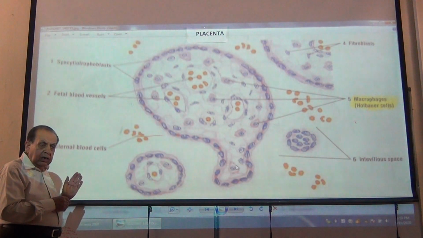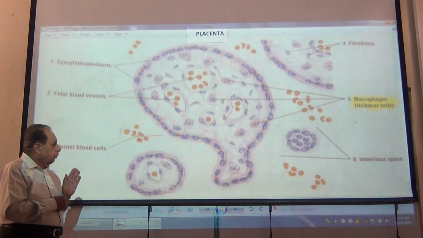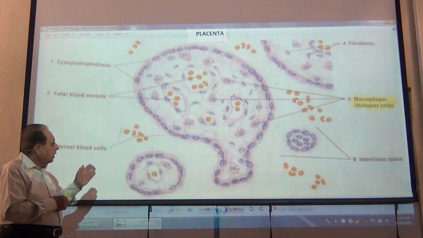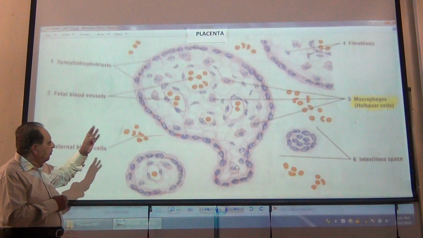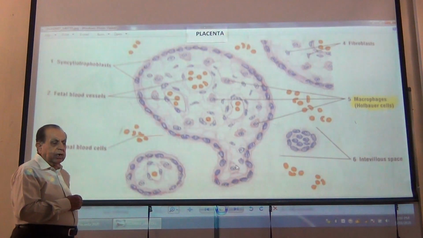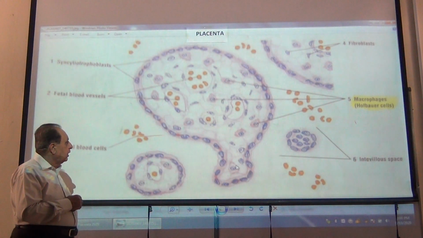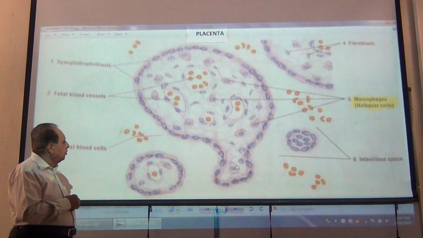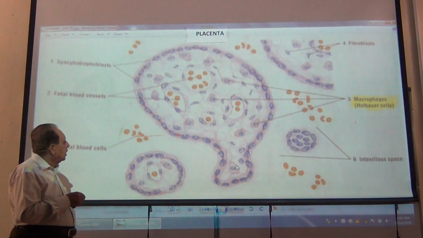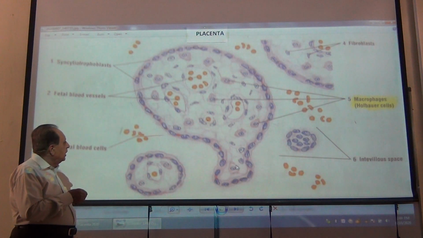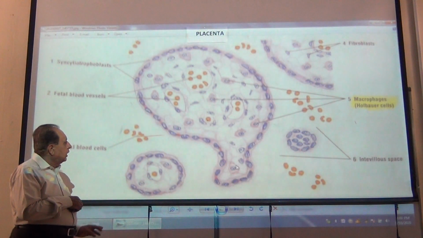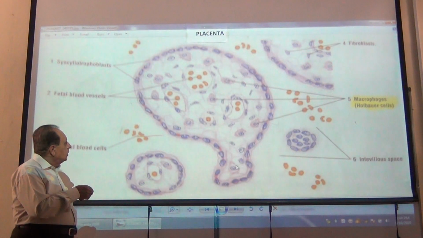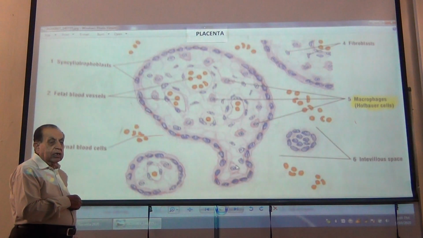Now the placental barrier, between the villus or fetal blood vessel and the maternal blood, is formed by three things. One, the endothelium of the fetal capillaries.